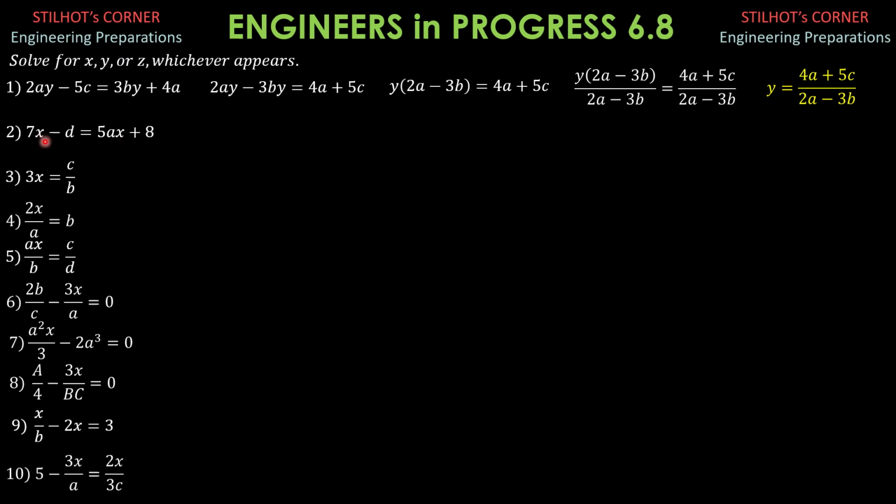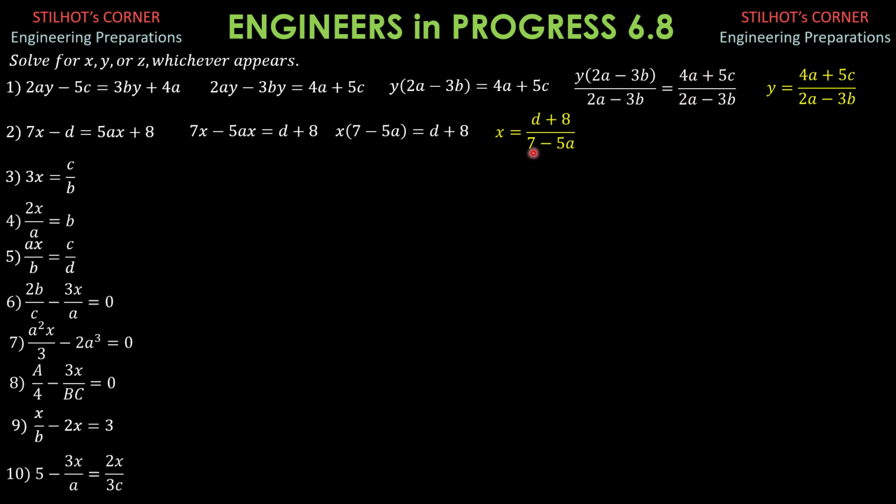For the second part, we write this as 7x minus 5ax equals d plus 8 after transposition. So factor out x. So we have x times quantity 7 minus 5a equals d plus 8. Dividing everything by 7 minus 5a, we can now solve for x, which is d plus 8 over 7 minus 5a, just like what we did in problem 1.